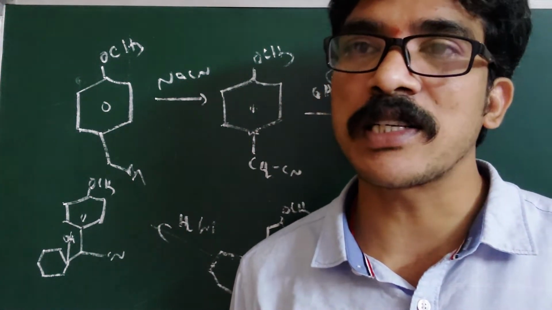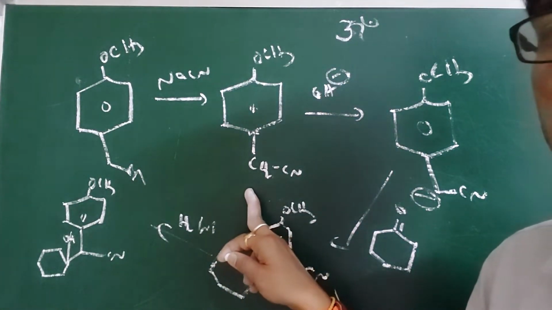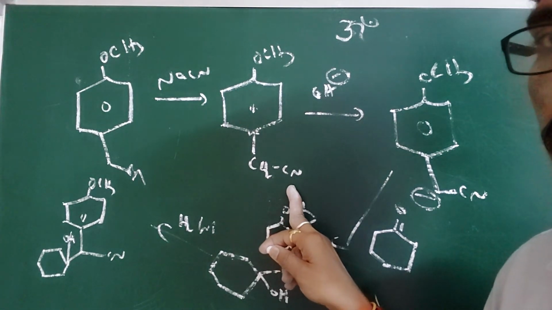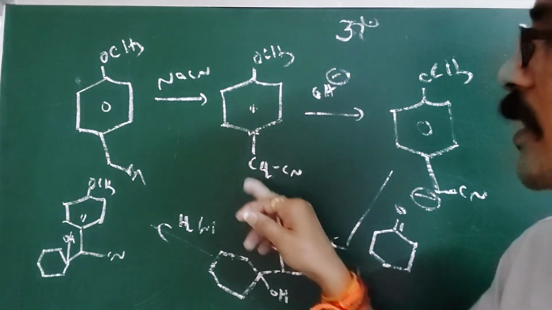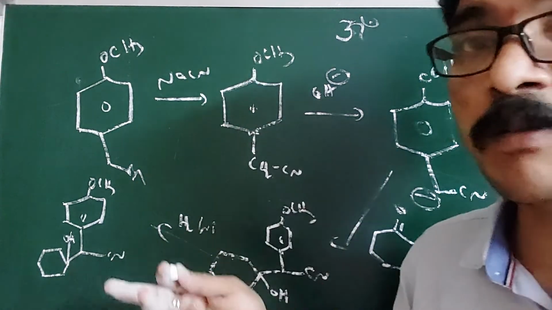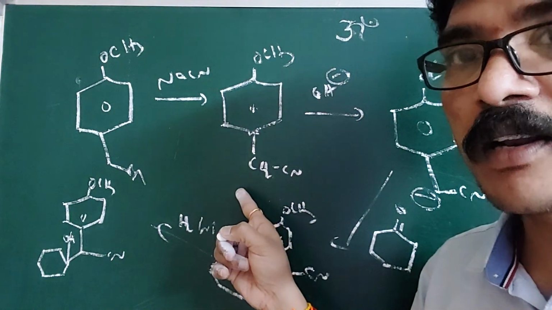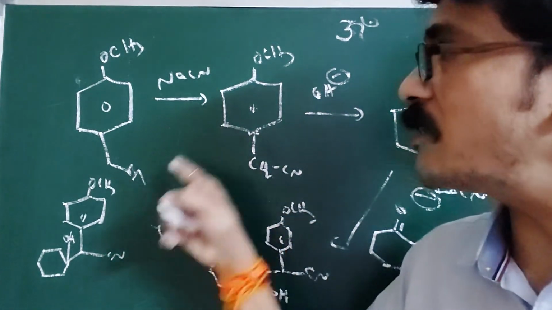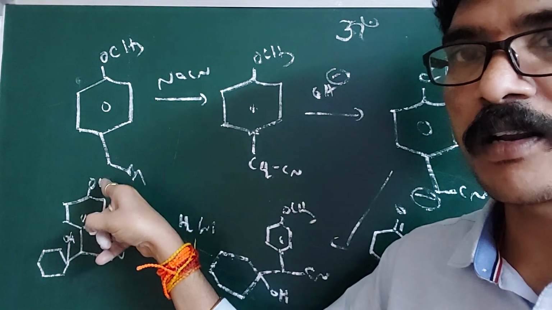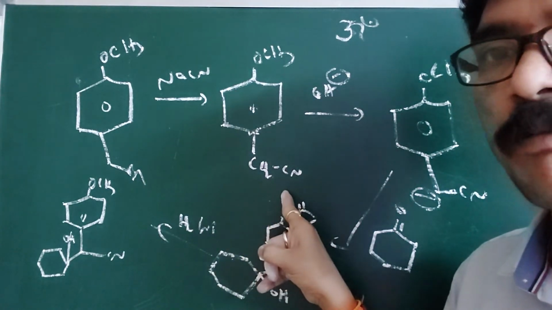A nucleophilic substitution reaction occurs, and it is converted to CH2CN. That nucleophilic substitution can be encouraged by OCH3, the +M effect on the benzene ring. The intermediate carbocation is highly stabilized. So by the SN1 mechanism, CH2CN will come.